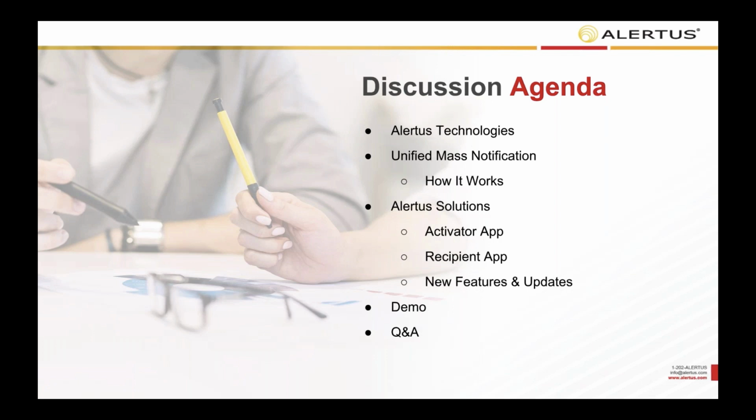We're going to get into some of the newer capabilities that were added. We're going to talk about applications, where you would use these things, and how it would appear when a message was activated. That translates into the demo, where we're going to show you exactly how everything works. And from there, at the end, Sharice will jump back in and we'll do Q&A.